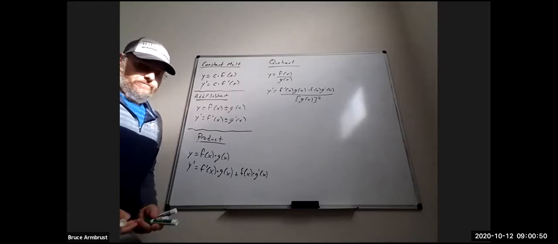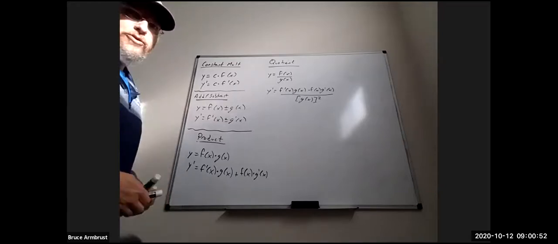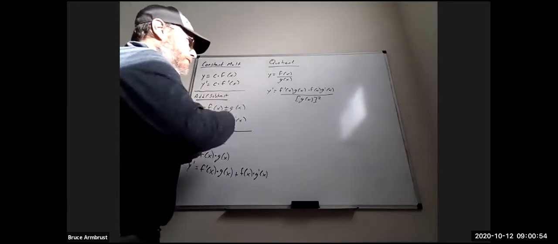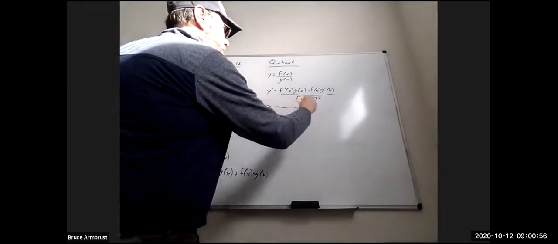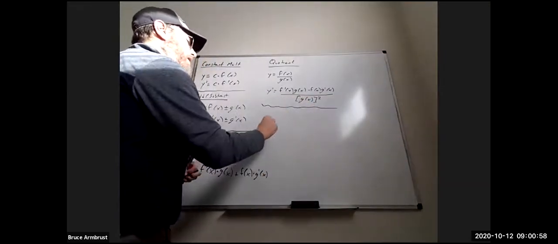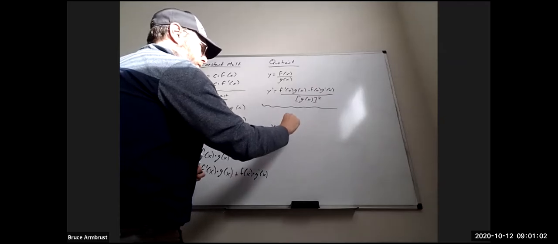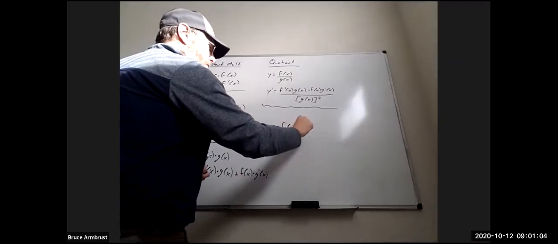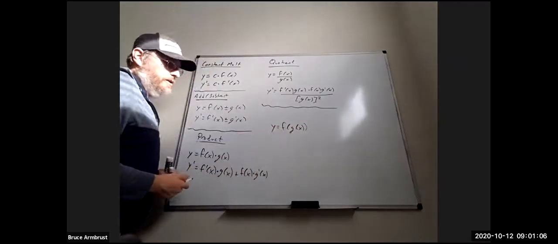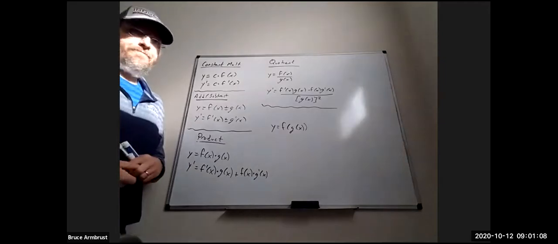Okay, so we've got all these rules so far. This is awesome, but there's still one situation we haven't dealt with that we need to, and that is what happens when we've got composition. What about when we put one function inside of another?